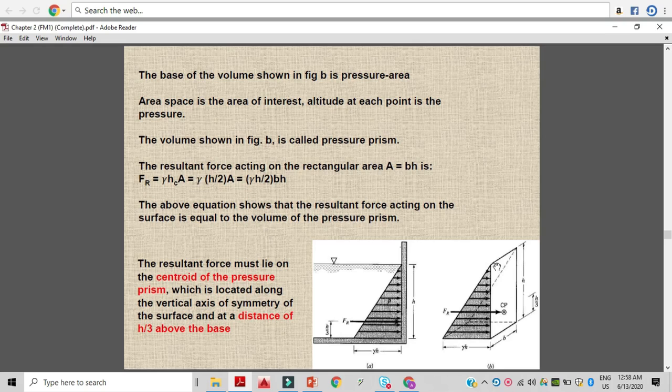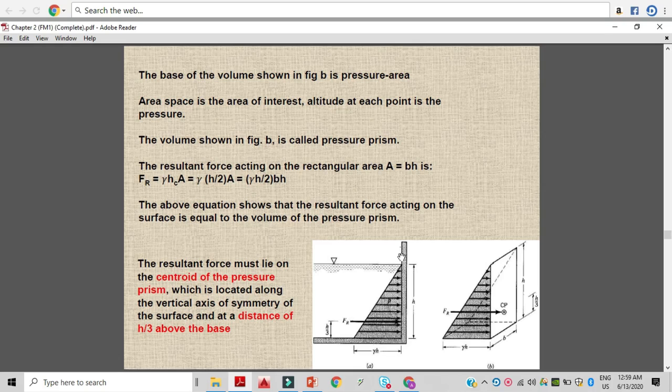So what is the volume of the prism? The total volume of the cube is length into width into height. If you divide by 2, you will get the volume of the prism. So the volume of the prism indicates the net resultant force acting on the surface. This is another way to calculate the net resultant force using this technique.